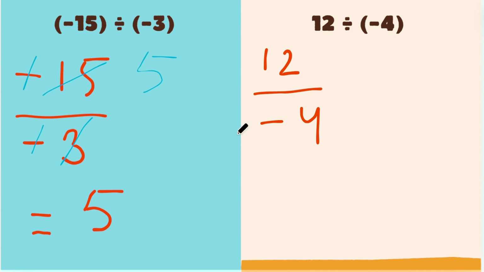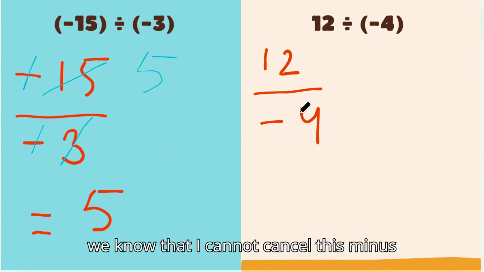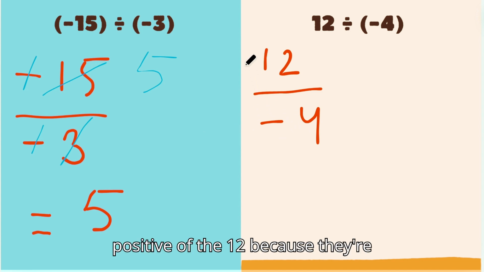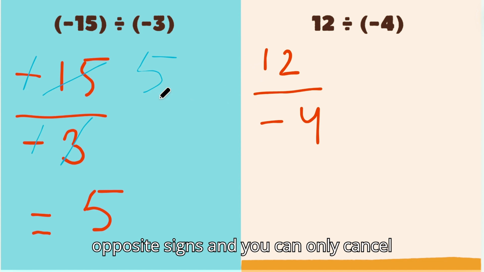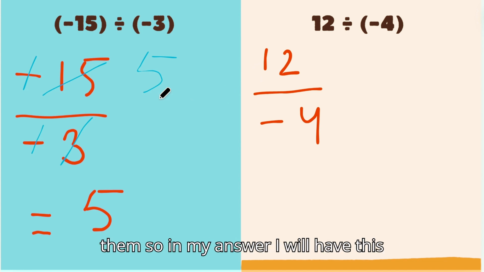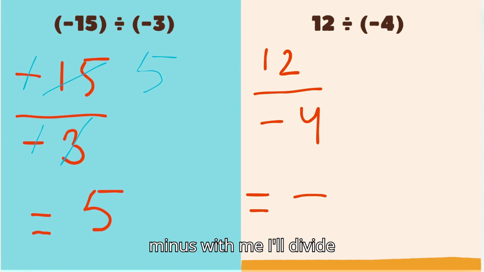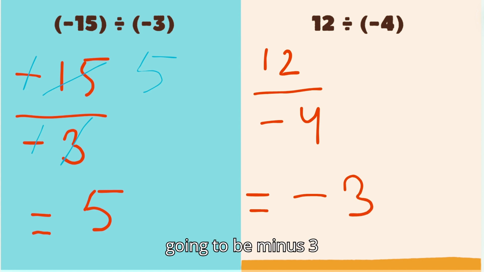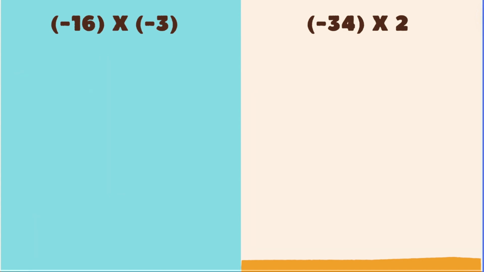Now I cannot cancel this minus by the 4 with the positive of the 12 because they are opposite signs, and we can only cancel out something that's common in both of them. So in my answer, I will have this minus with me. I'll divide 12 by 4, which gives me 3. So my answer is going to be minus 3.